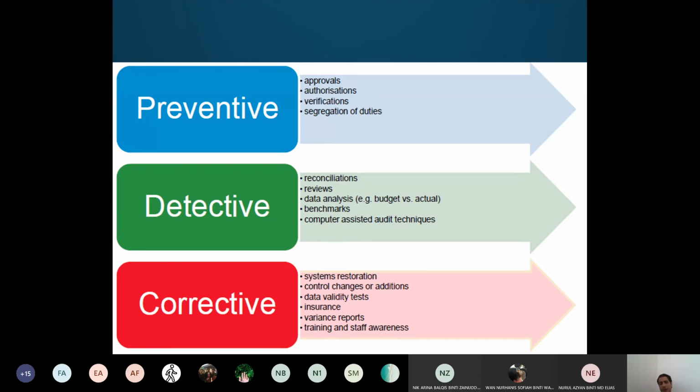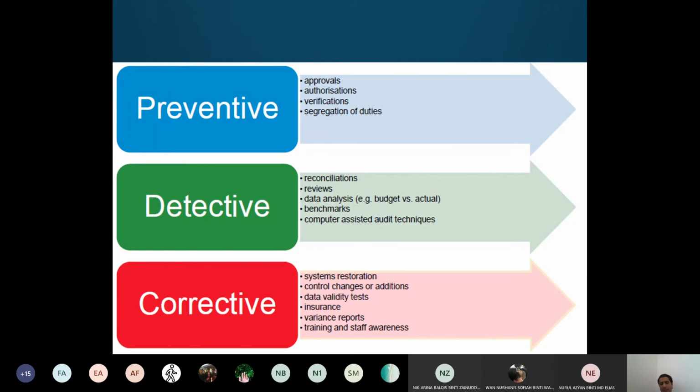If you remember, in chapter 10 we discussed the 3 categories of internal control: preventive, detective, and corrective. Preventive means it comes first, trying to prevent the risk from happening. Normally the preventive functions are the approval process or activities, authorization, verification, and segregation of duties.